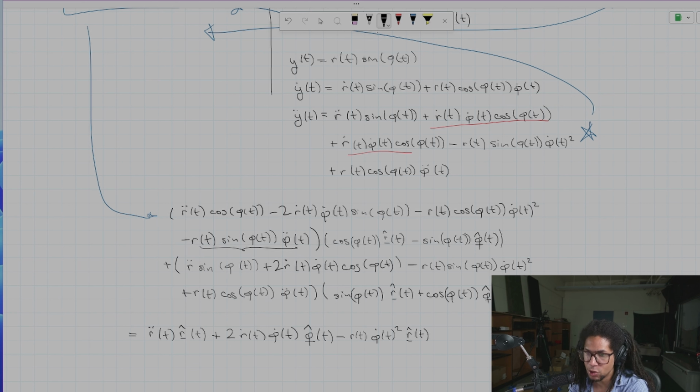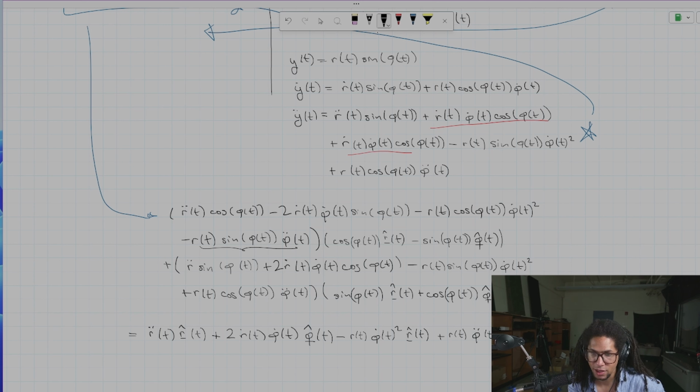All right, next up, this last term here. So this is our phi double dot term. Looks like our cosine r of t is going to combine with it in this first case, and down here we have a cosine times sine, but attached to no minus sign, so there's going to be a cancellation. And then for the second term, we will get things to combine. So this is going to give us a plus sine squared up here, plus cosine squared down here. So plus r of t times phi double dot of t times phi hat of t.